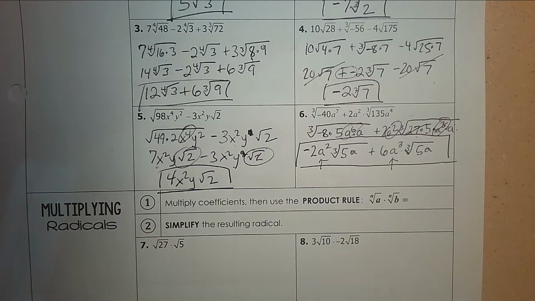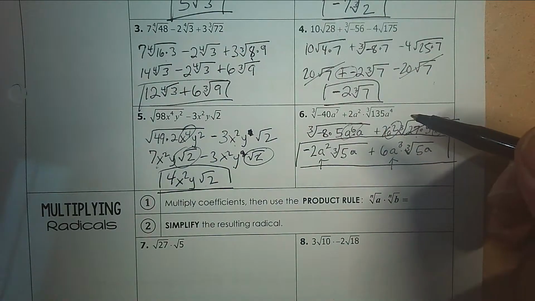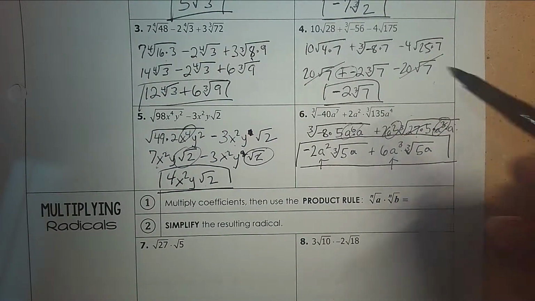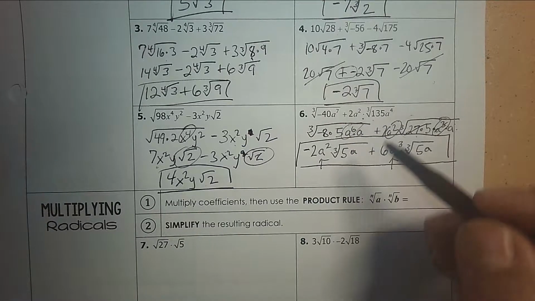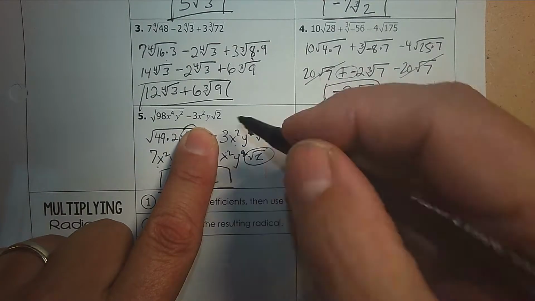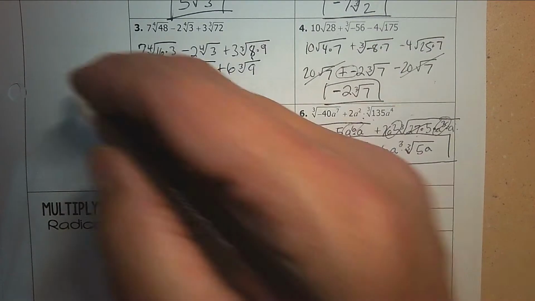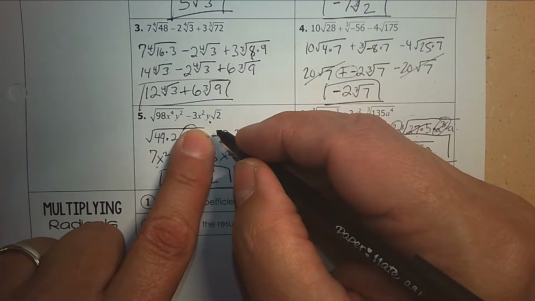Yes, tell me, Jocelyn. But it says plus 2a squared and this says times the square root of it's not together. So would it be a multiplication instead of putting them together? I like that you said that. So you see 2a squared times, right? Do you see the one before, 3x squared y? You could write that as 3x squared y times root 2.